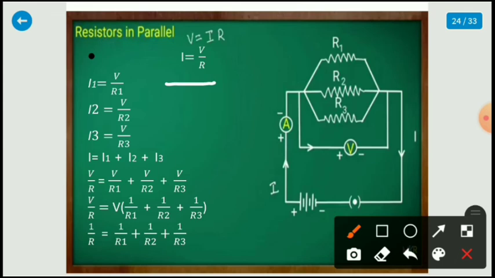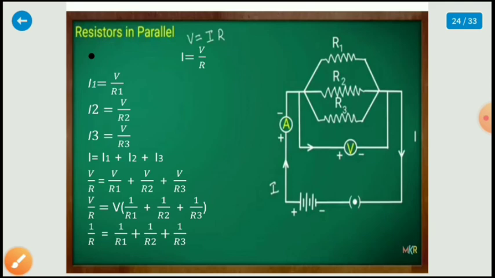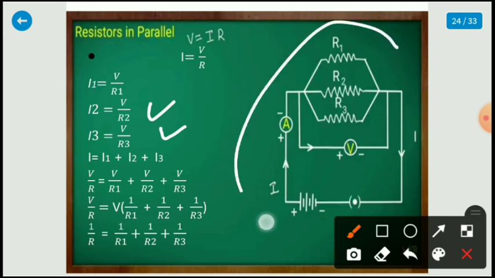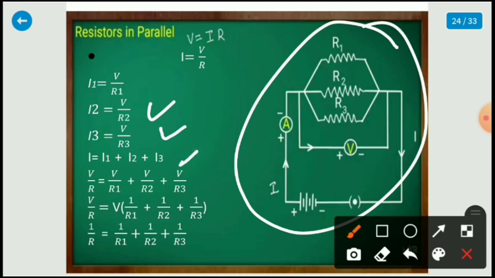So I1, the current flowing in resistor R1, is equal to V by R1. The current flowing in resistor 2 is I2, equal to V by R2, and I3 is equal to V by R3. So the current flowing in the total circuit is I is equal to I1 plus I2 plus I3.